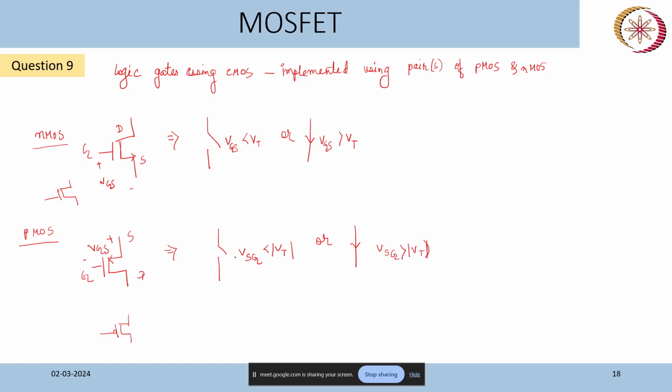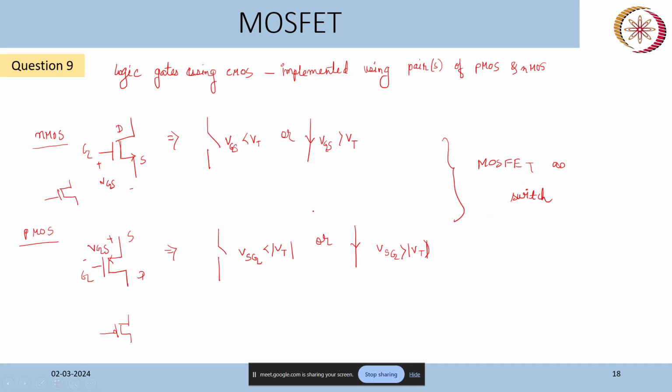That means the gate terminal has to be sufficiently negative compared to the threshold voltage, and the threshold voltage for PMOS is negative. So that's how a MOSFET acts as a switch.